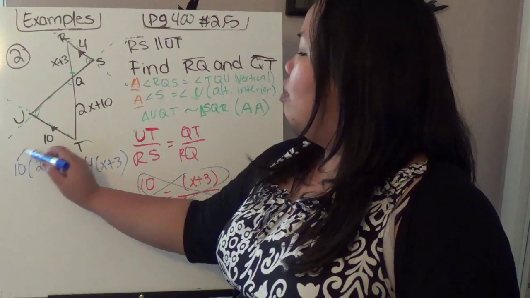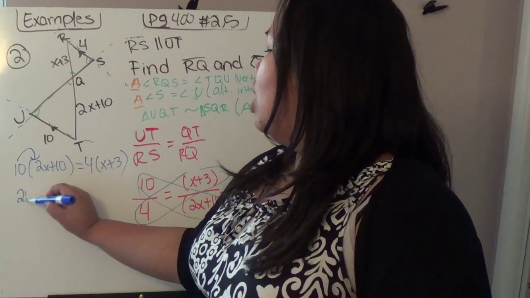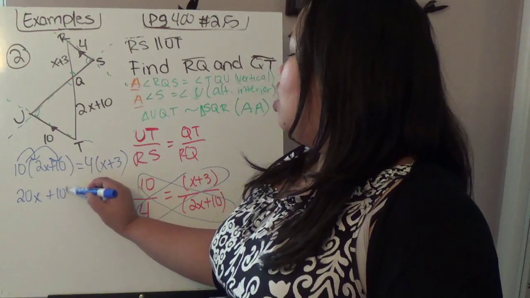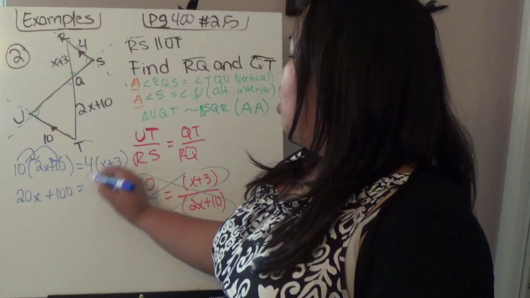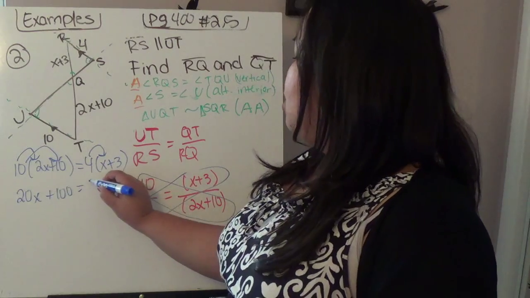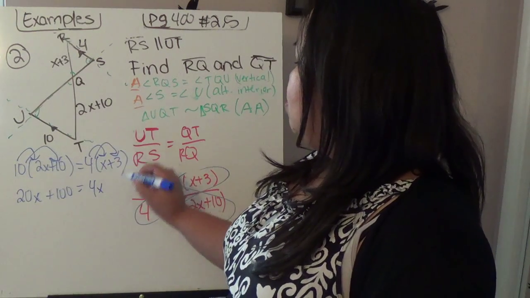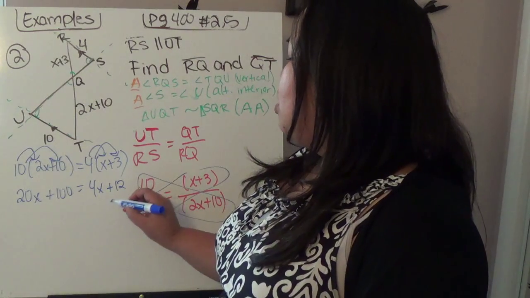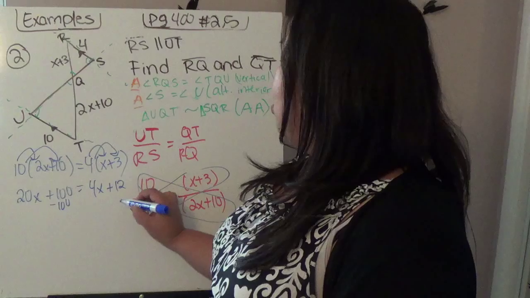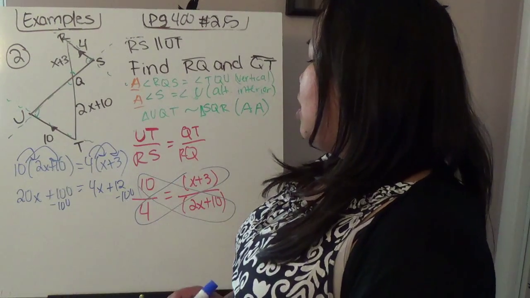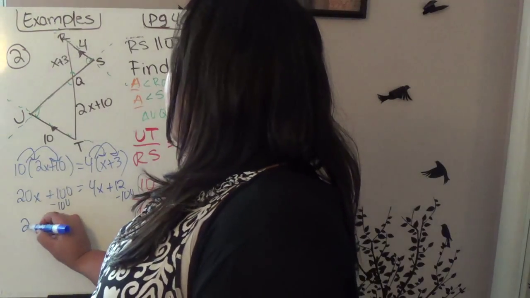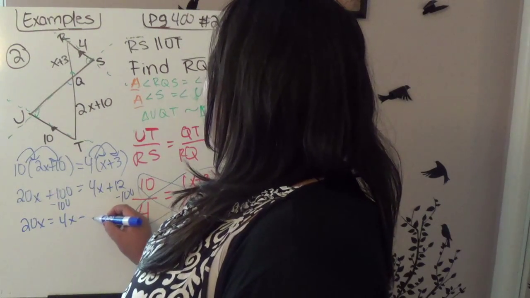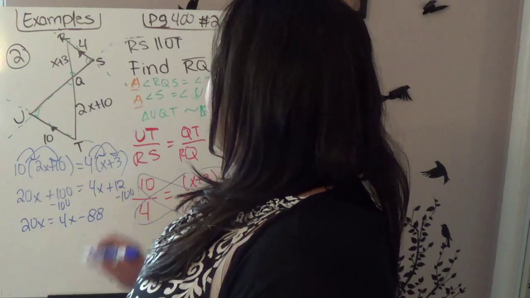We should be able to take it from there easily. 10 times 2 is 20x. 10 times 10 is 100. 4 times x is 4x. And 4 times 3 is 12. So I'm going to subtract 100 from both sides. I end up with 20x equals 4x minus 88.